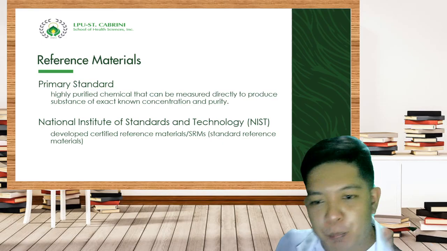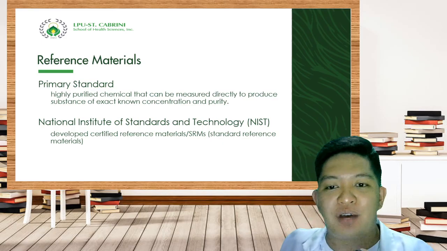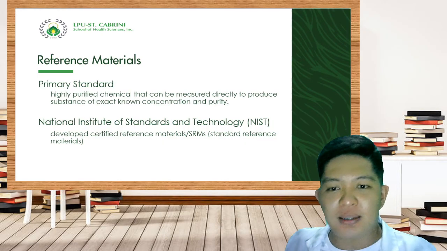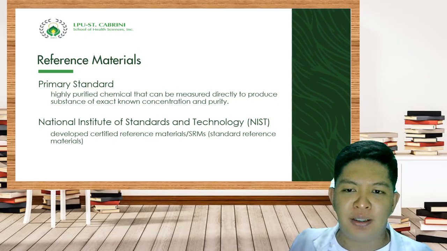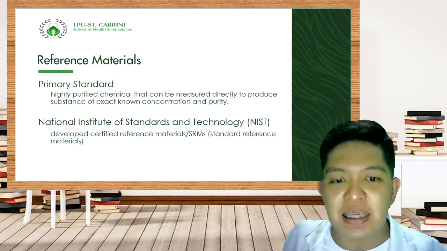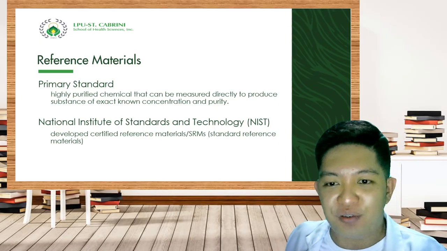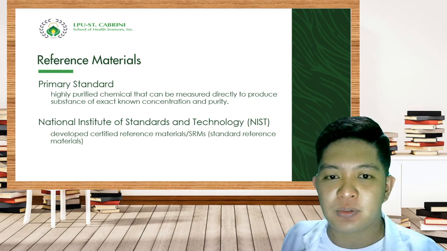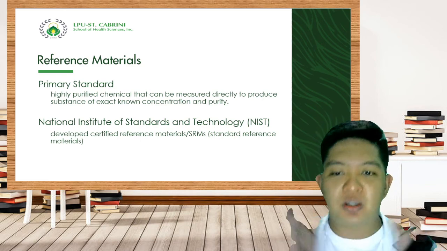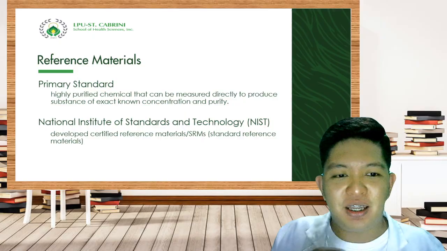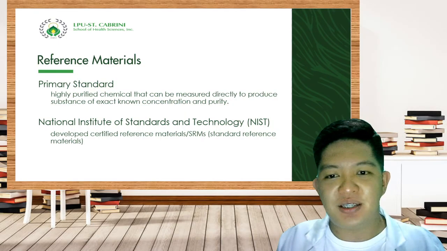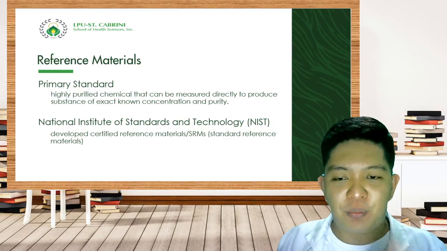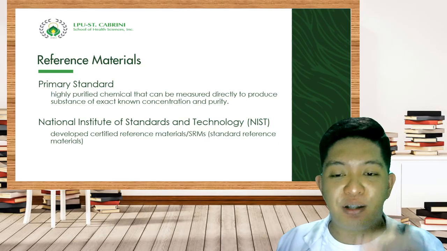Exact, pure, highly purified. Eksakto agad na siya yun. Si secondary standard, repeated test until you determine the value to make it a standard. Kumbaga si primary, unang beses pa lang swak na siya. Secondary, you have to repeat the analysis, you have to repeat the quantification, you have to repeat it using a standard reference method.